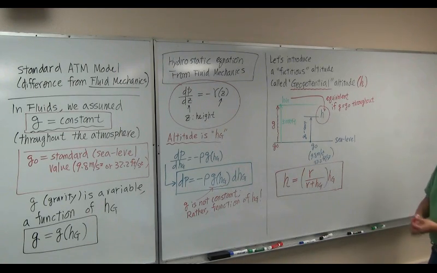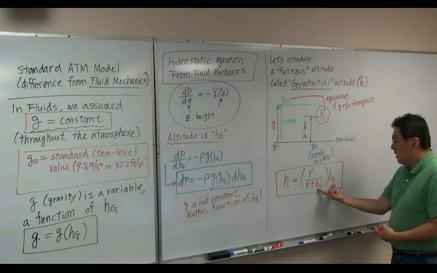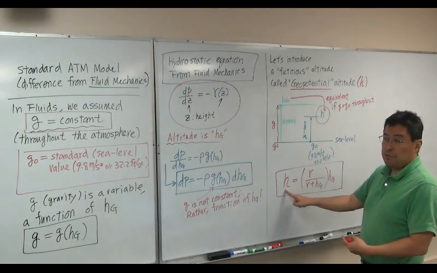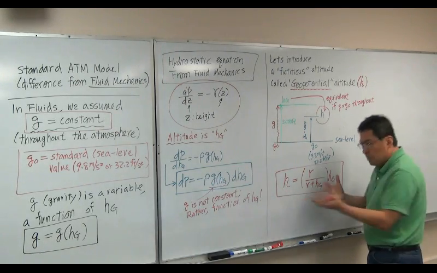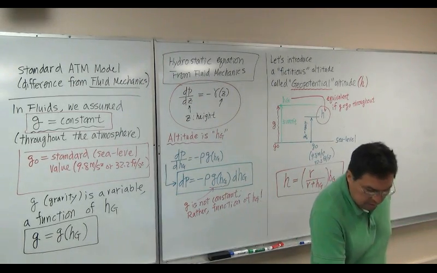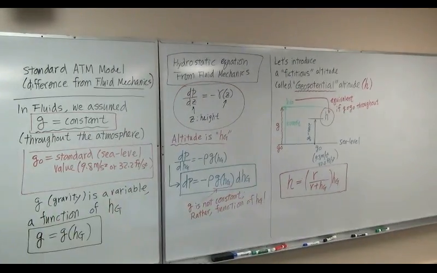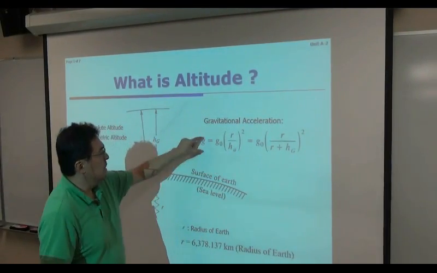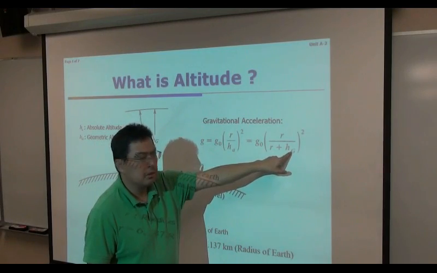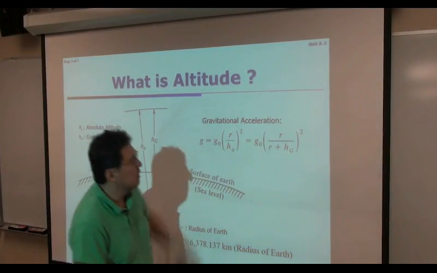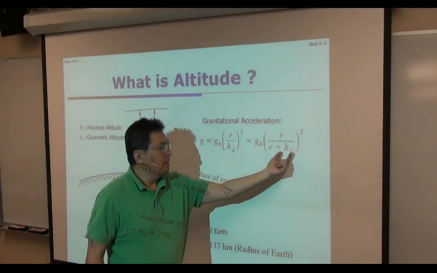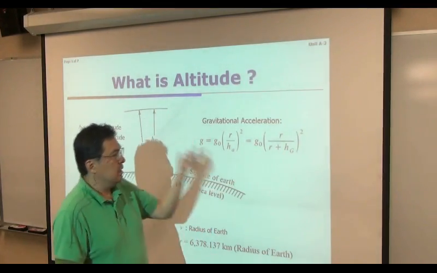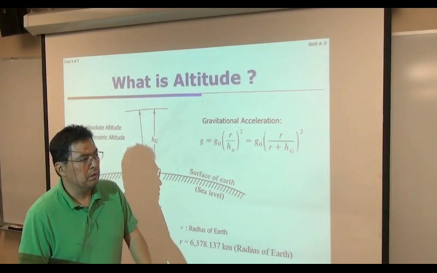This is a relationship between geometric altitude and geopotential altitude. Where does that equation come from? It's coming, obviously, from here. Gravity is a function of hg. So suppose the gravity is constant, we can modify hg based on that constant gravity. That's called h, geopotential altitude.